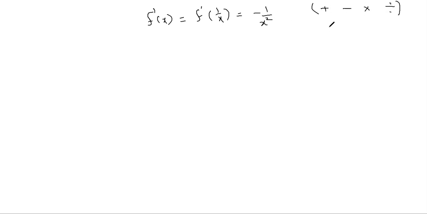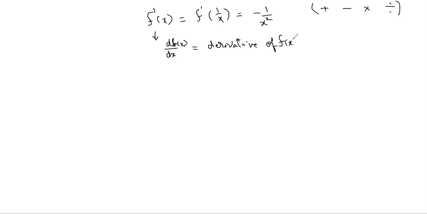Now there are many operators which can be operated on a function. This derivative can be written as d by dx. d by dx means derivative of a function; d by dx of f(x) means derivative of the function f(x).